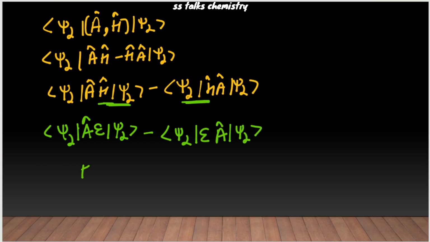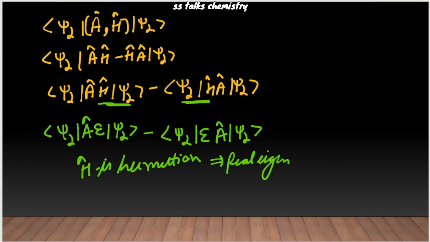Now again we know that the Hamiltonian operator is Hermitian, that means it gives us real eigenvalues, which implies the energy value E star is equal to E only.